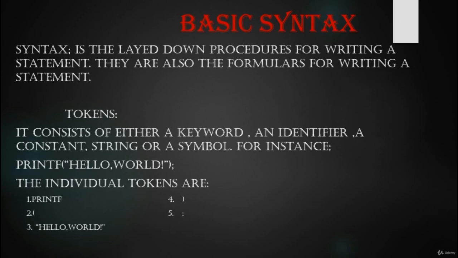Now let's learn something about tokens. Tokens consist of either a keyword, an identifier, a constant, a string, or a symbol. For instance, in printf("Hello World"); the individual tokens are: 1. printf, 2. the open bracket, 3.